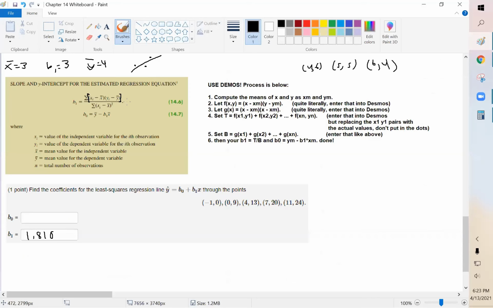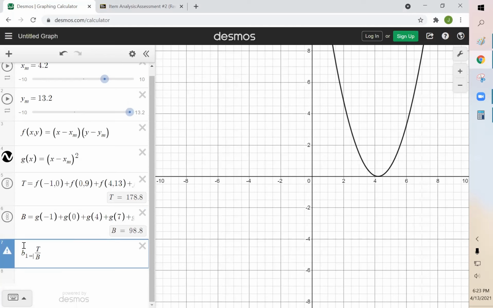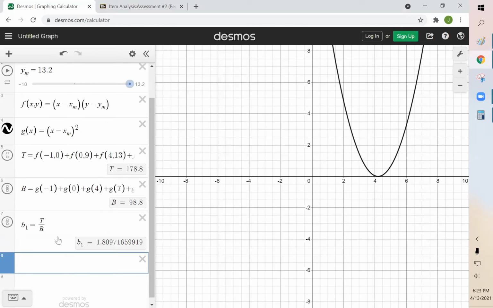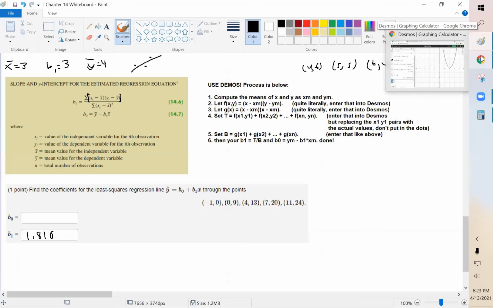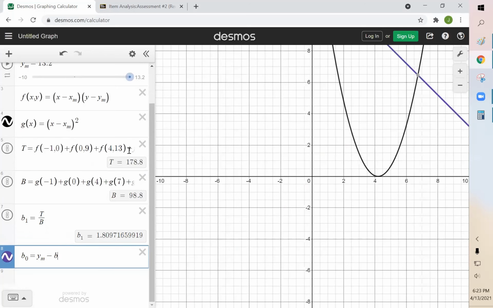The B0 is our Y bar minus B1 times X. You can literally put in B1 is equal to T over B. And that means our B0 is equal to Y bar minus B1 times X bar. So the mean of our Y's minus B1 times XM. That's our B0.